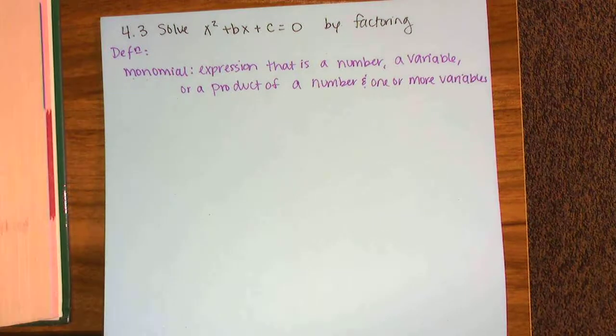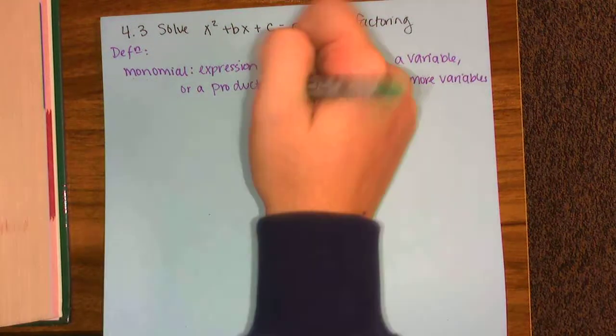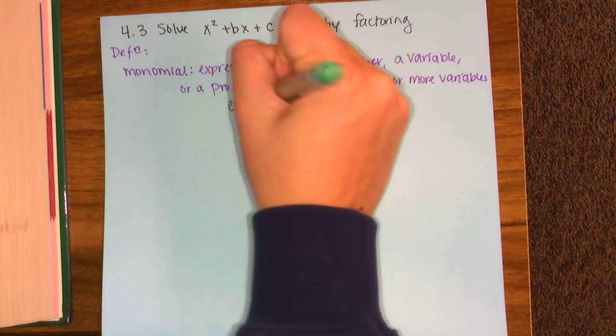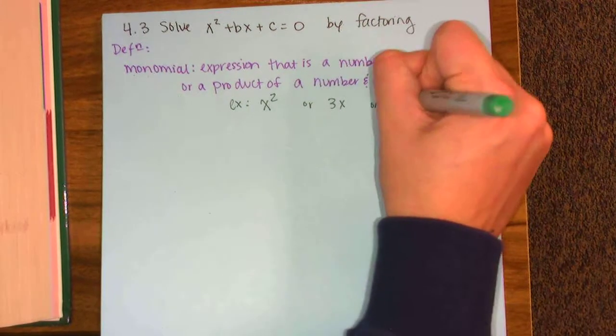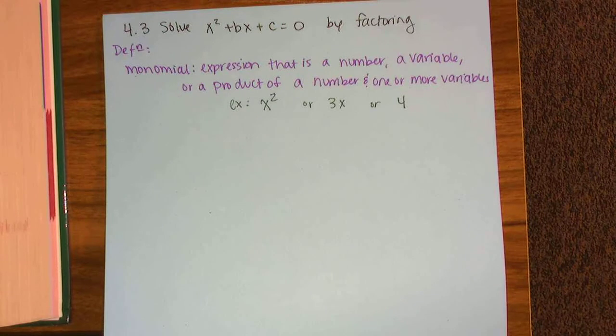So something like x squared or 3x or 4. Those are monomials.